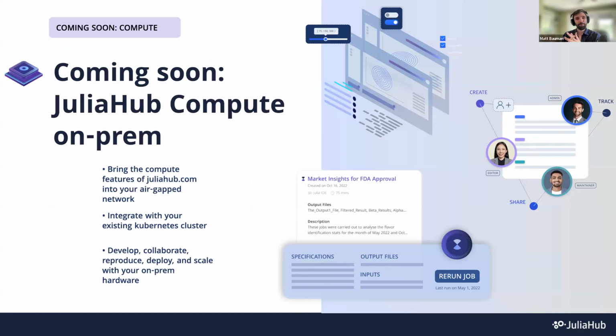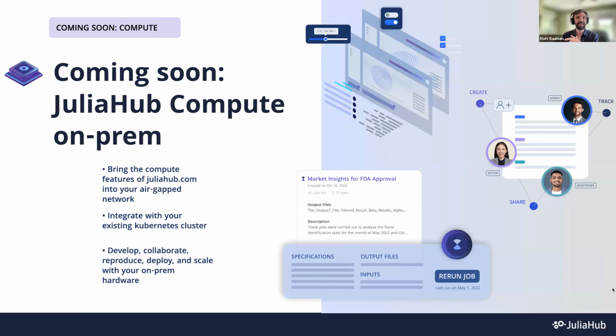The other aspect that I'm really excited about is the ability to do high performance computing on-prem within your air-gapped network. So this would be the case where you are installing into an existing Kubernetes cluster that has multiple machines, and hopefully many, many machines, right?